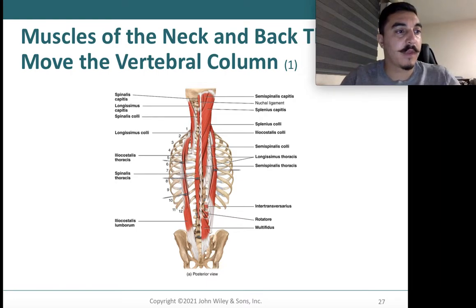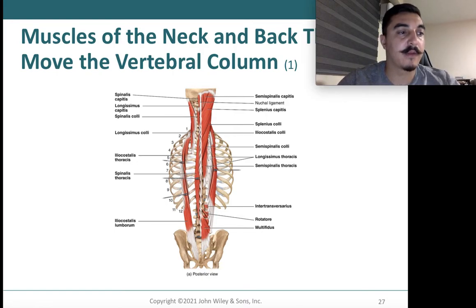The iliocostalis cervicis is attached to our transverse processes, like C4 and C6, and it helps flex that vertebral column as well. So you have different attachments. Iliocostalis, costalis, or costal, meaning ribs, so you're going to attach to the ribs as well. Think about that.